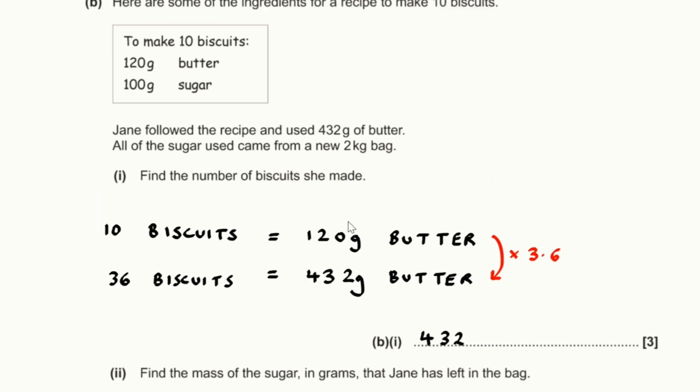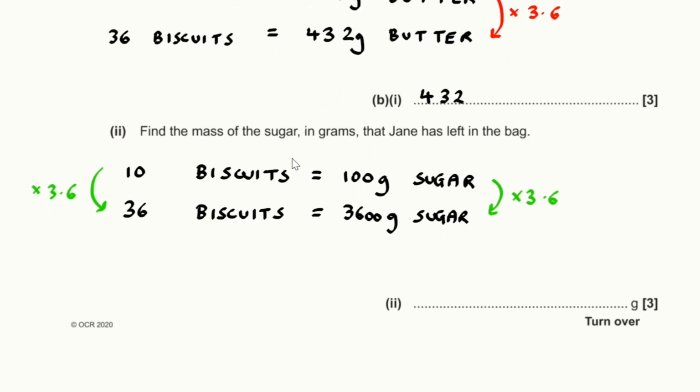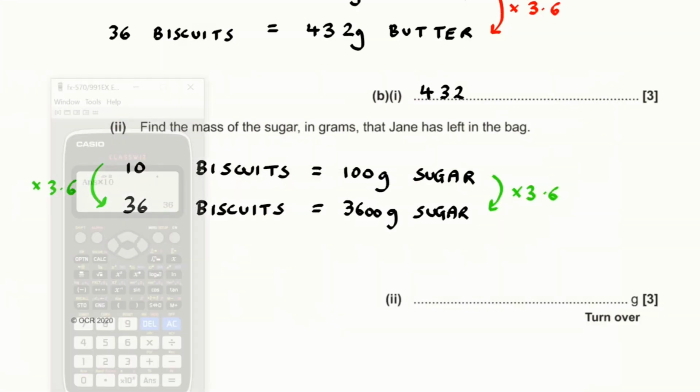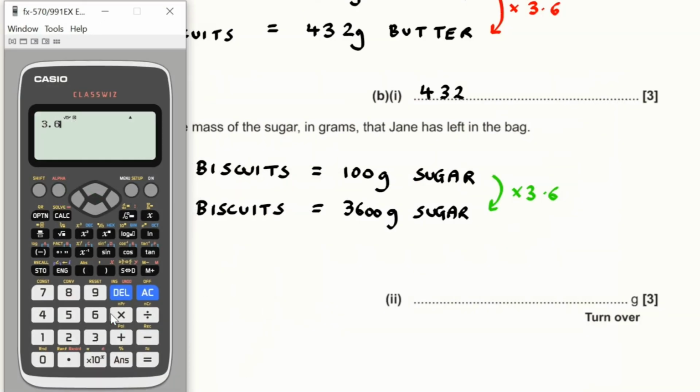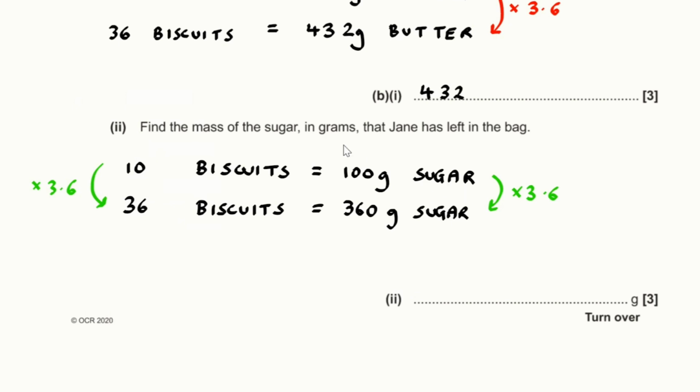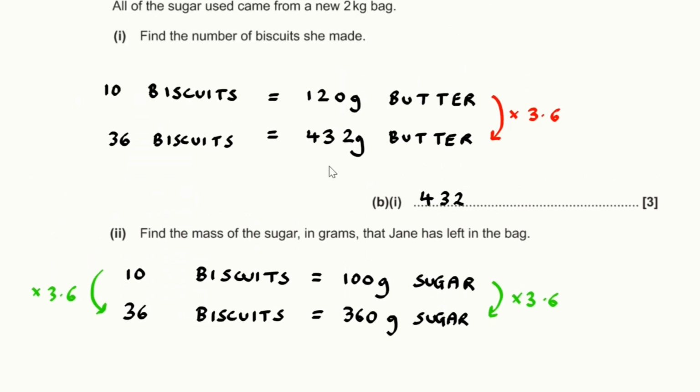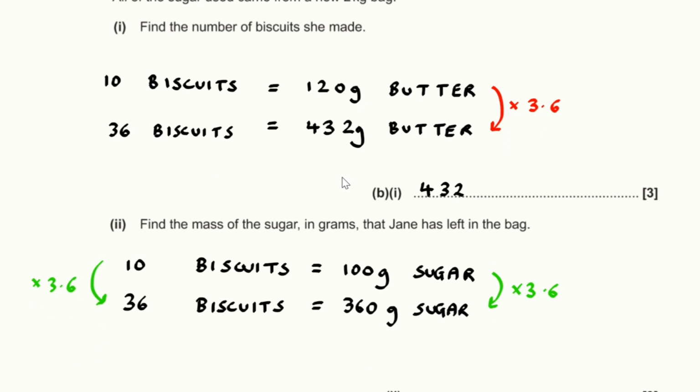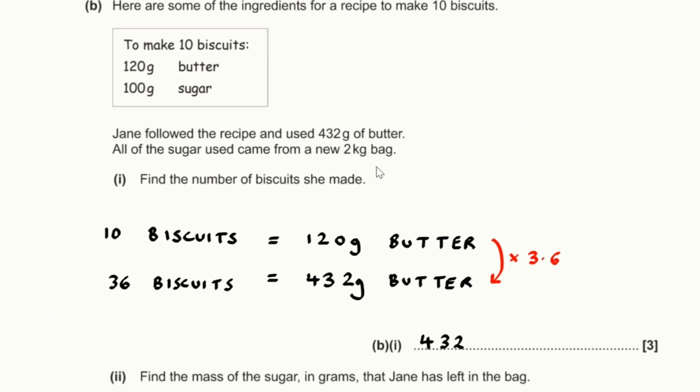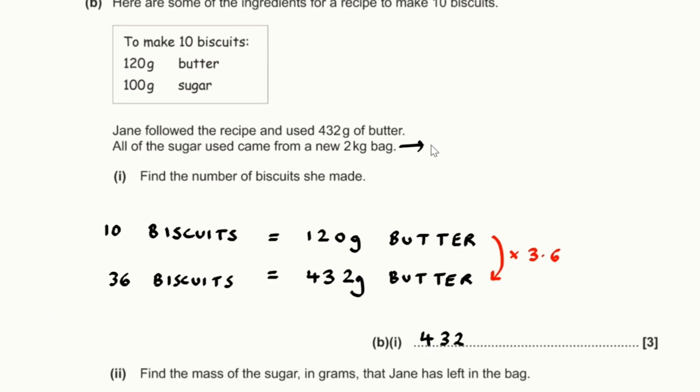Now, let's just double check this. 3.6 multiplied by 100 is 360 rather. So she used 360 grams of sugar. And then what we have to do is, well, we've used 2 kilograms. 2 kilograms is the same as 2,000 grams.